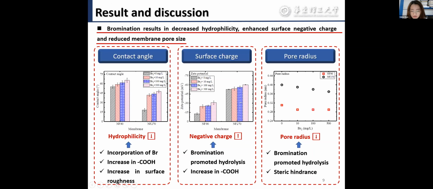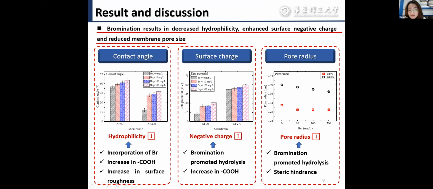The minor increase in charge density for NF270 might be a result of the decreased content of amino groups induced by bromine substitution. And the effective pore radius for NF90 decreased from 0.31 nanometers to 0.29 nanometers.